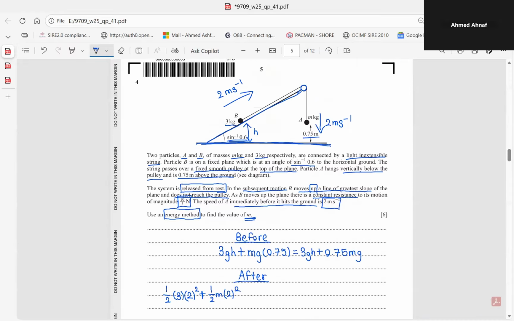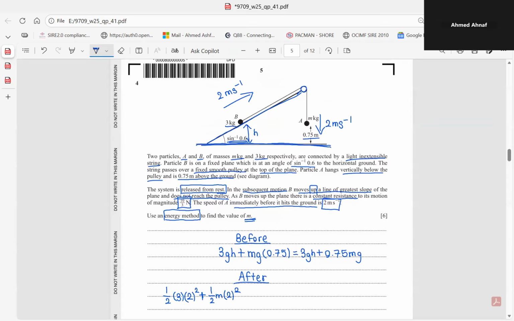We also have to keep in mind that since B moved up, its GPE isn't the same at this new instant, so we have to find the new GPE. To find the new height, we know that at that instant, A should be right here.